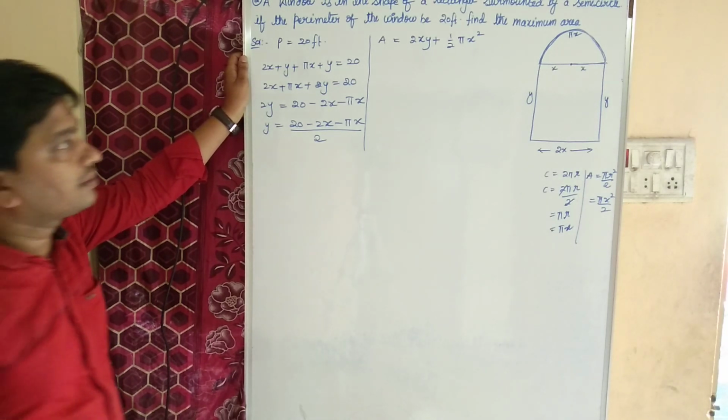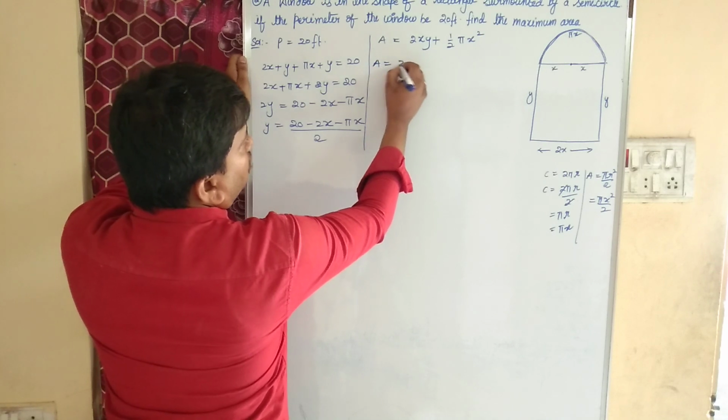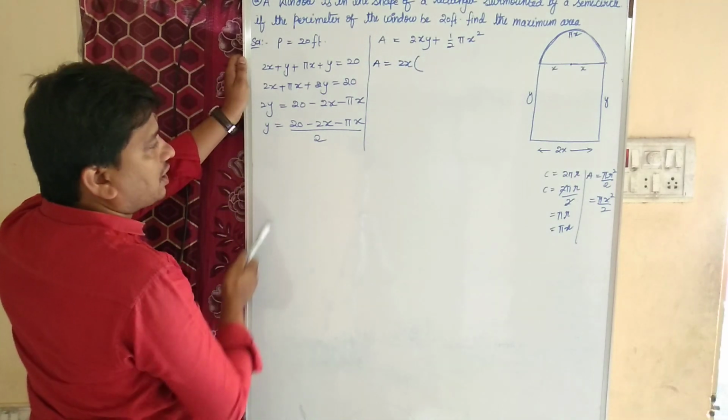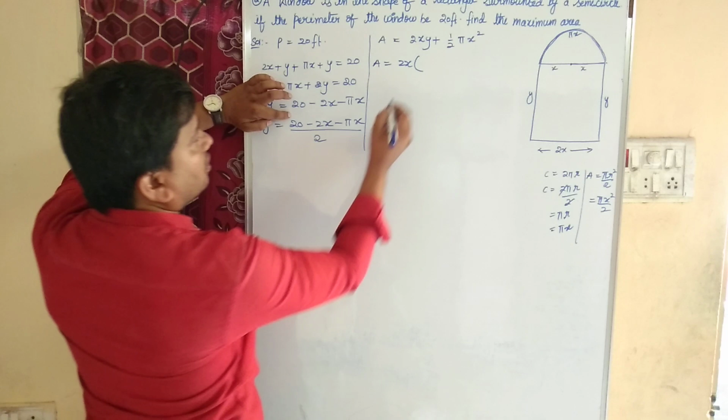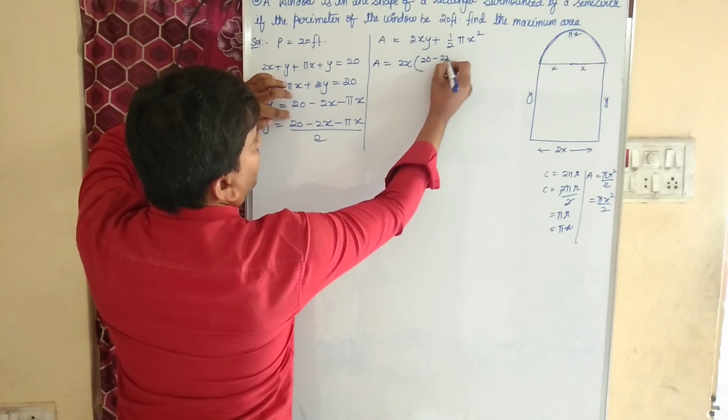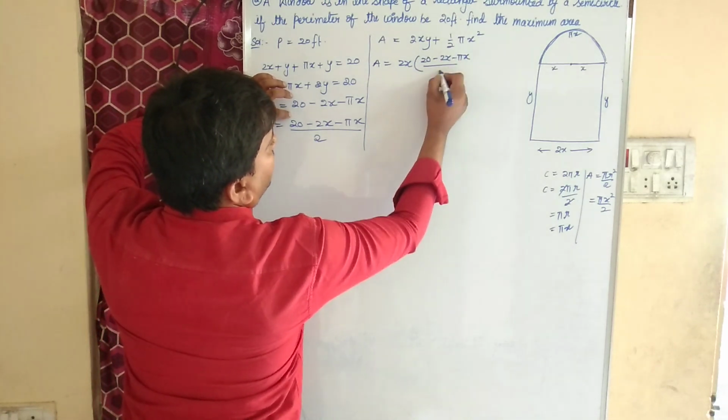So 2x into, what is the value of y children? The value of y is (20 minus 2x minus pi x) by 2.